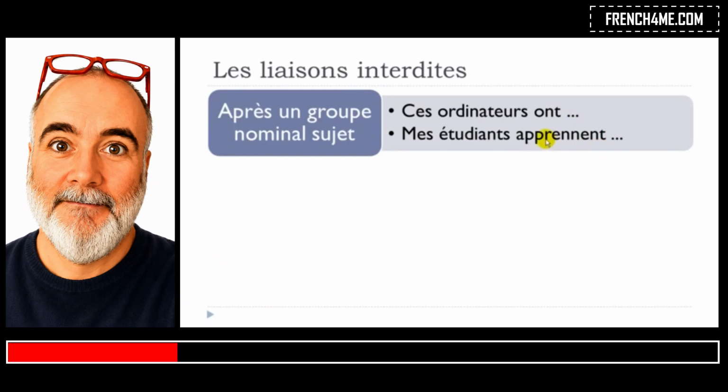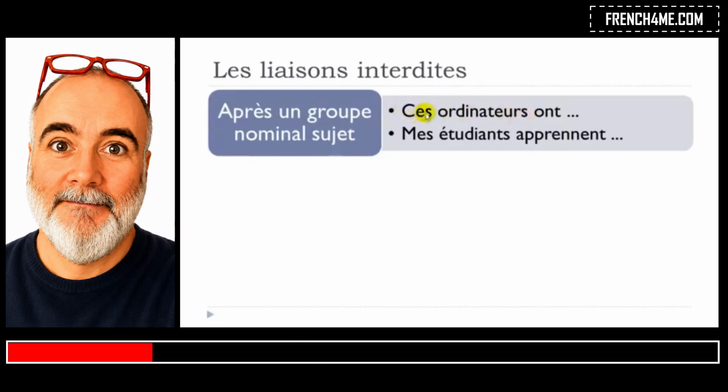And so the idea is that if you've got a subject like that, it's what we call un groupe nominal, okay? So in that case, it's not a first name, and it's not the pronoun je, tu, il, etc. But it's a word or a group of words. And in that case, you don't make a liaison after this groupe nominal.